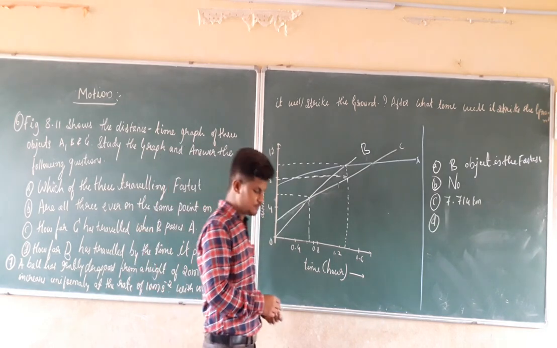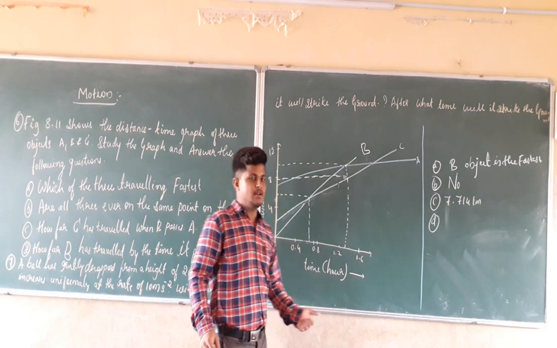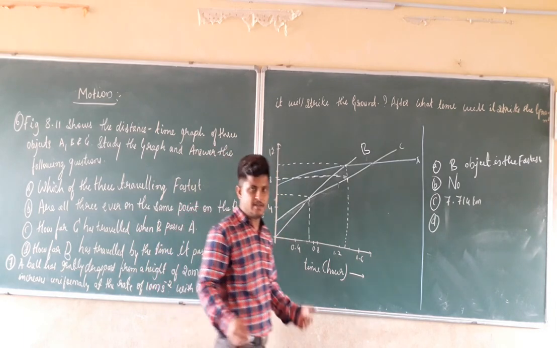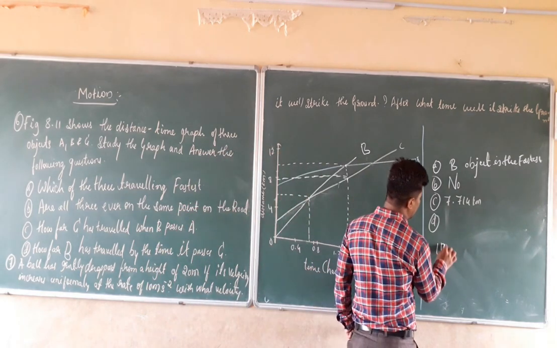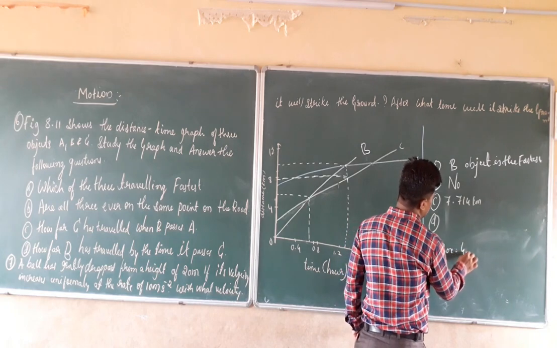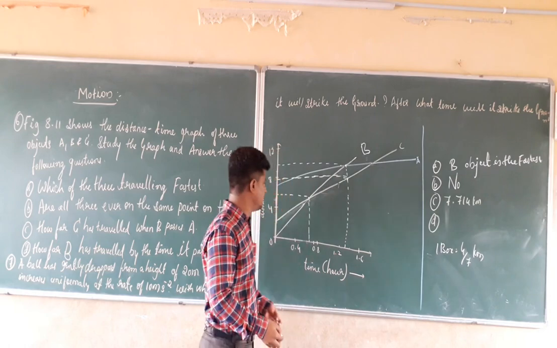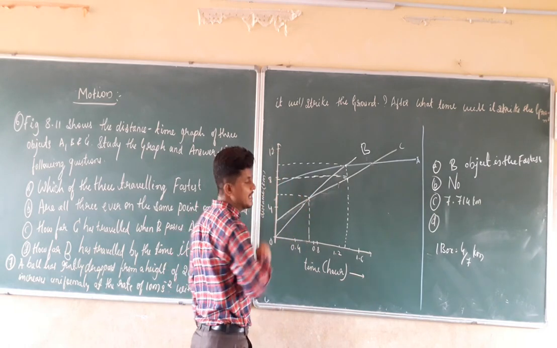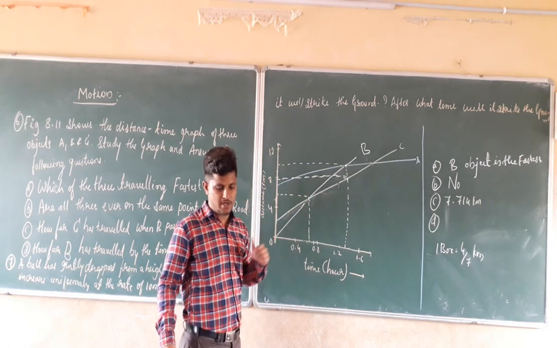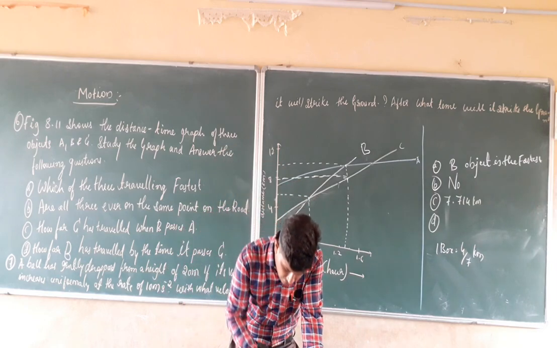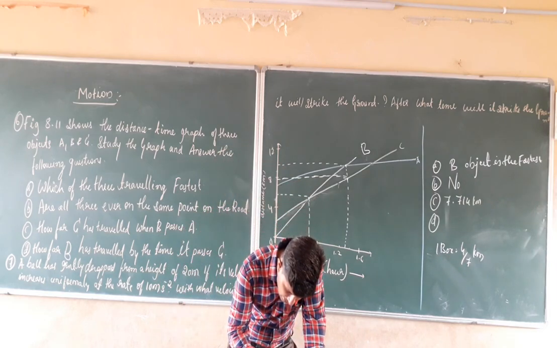So again, one box is equal to how many kilometers? If you remember, one box is equal to 4 by 7 kilometers, and we have to calculate the number of boxes at the point of intersection. When you check the number of boxes here, 1, 2, 3, 4, 5, 6, 7, 8, 9.